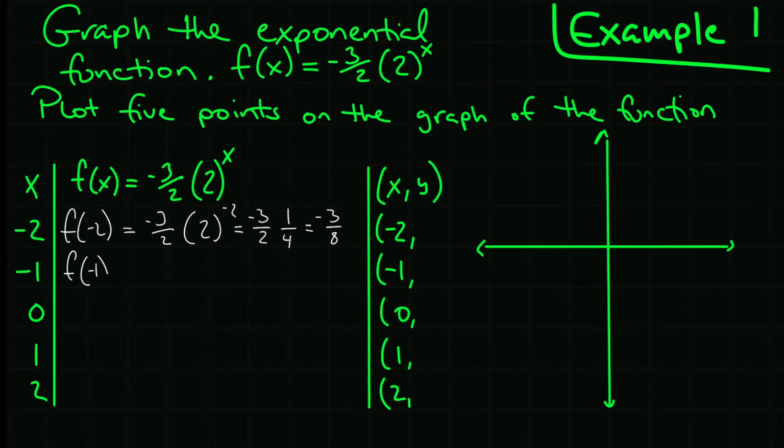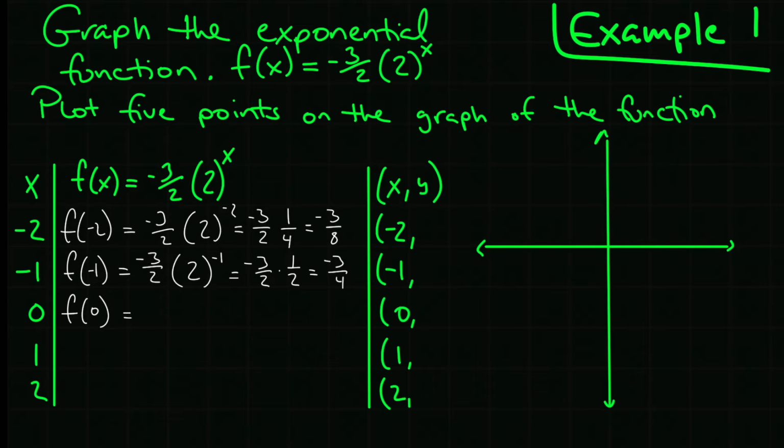When x is equal to -1, we have -3/2 times 2 to the -1 power. Anything raised to the -1 power has to be moved to the denominator and made positive. So that's going to be -3/2 times 1/2. And when we multiply that together, we get -3/4.